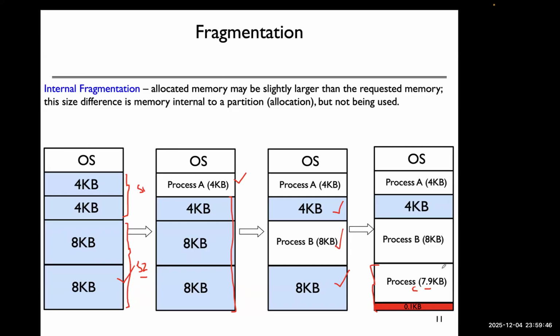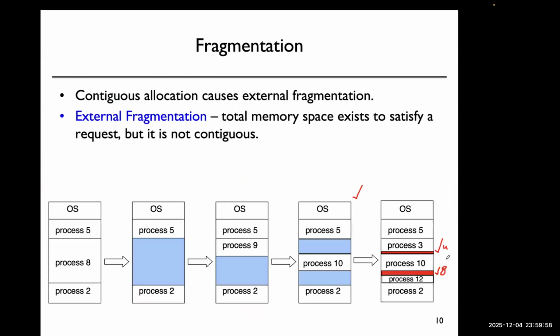It doesn't require the free memory to be next to each other, as long as you have a total memory which can serve the request, then you can allocate the memory. For example, here 4 and 8 are not contiguous, but in total the capacity is 12, so you will say, okay, I can serve the request. How? We will see it in a minute.